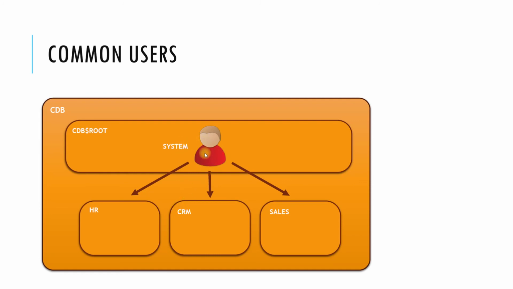So SYSTEM will be known in HR, CRM and sales, and if in future we install another pluggable database, let's say pluggable database A, it will also know about SYSTEM. Common users are known in all pluggable databases, either the existing ones or upcoming ones.